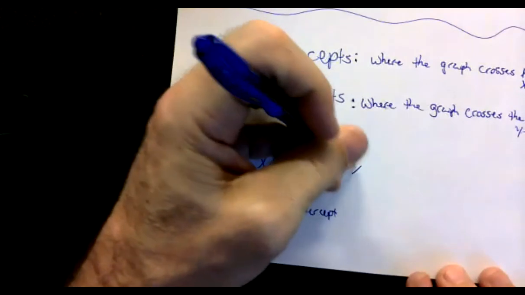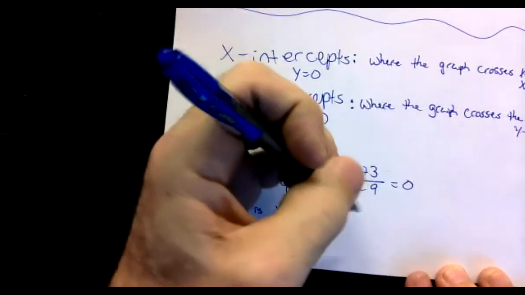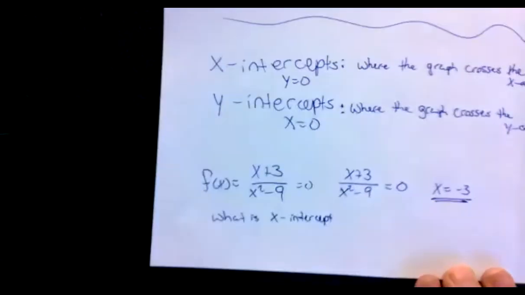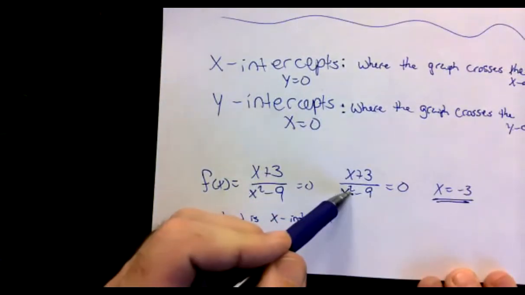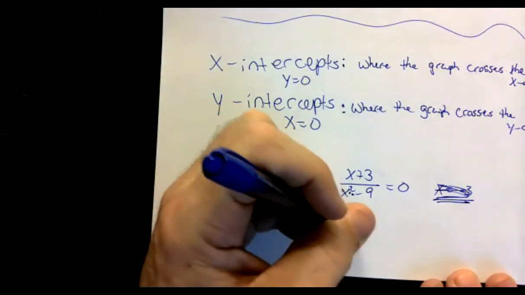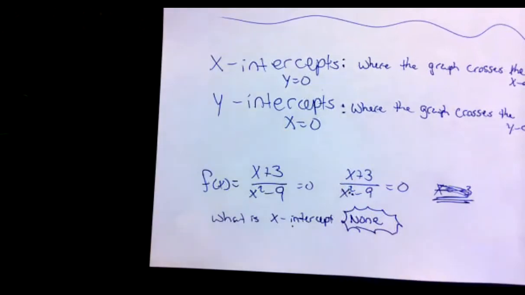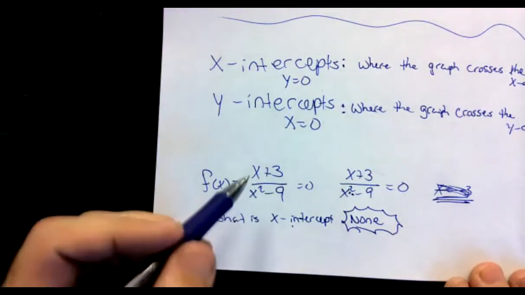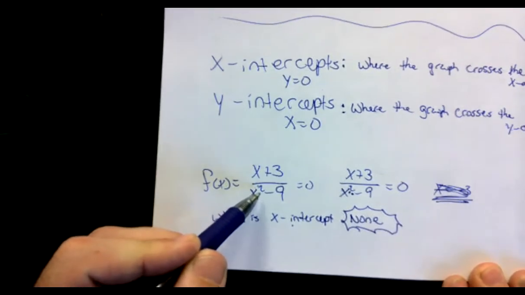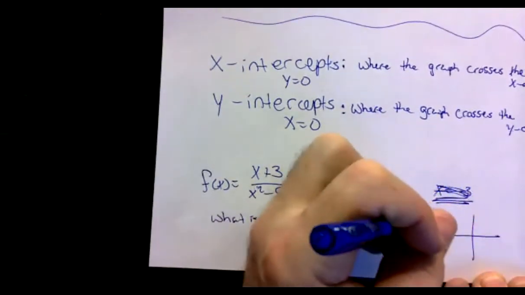If we set this equal to 0 and we go to solve, we would get -3. However, that causes this to be undefined, so there is no value at x equals -3. So there is no x-intercept in this particular problem, which also makes sense because since our degree on the bottom is bigger, my horizontal asymptote is on the x-axis at y equals 0.